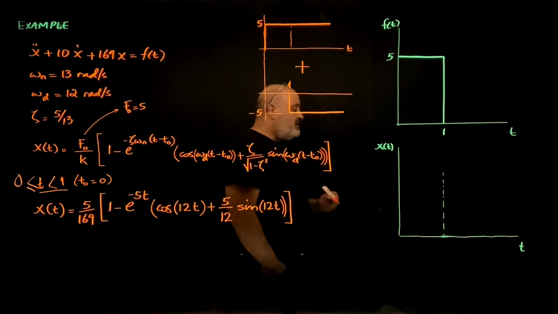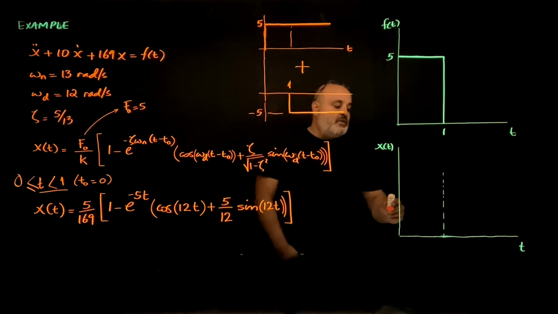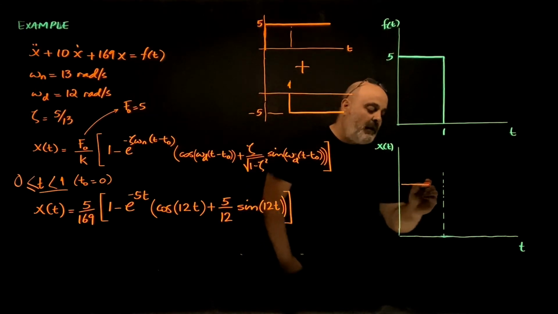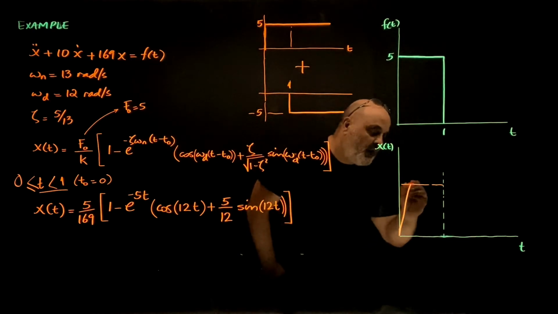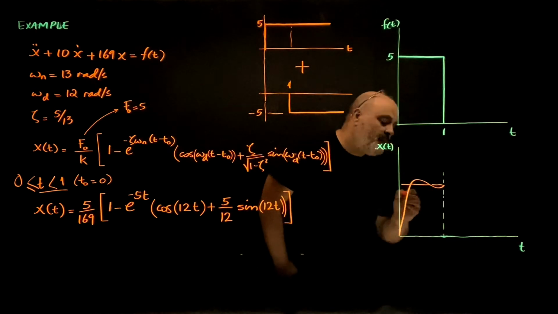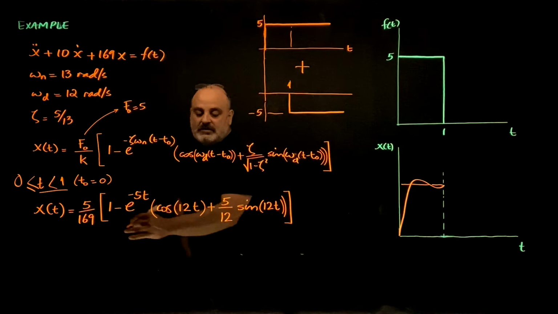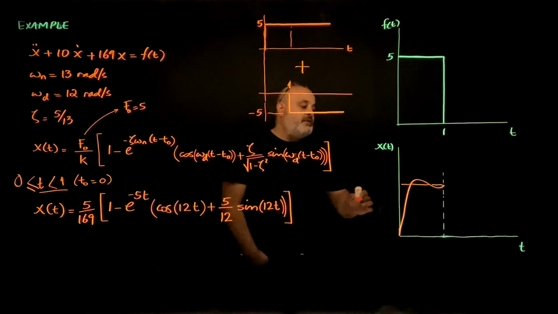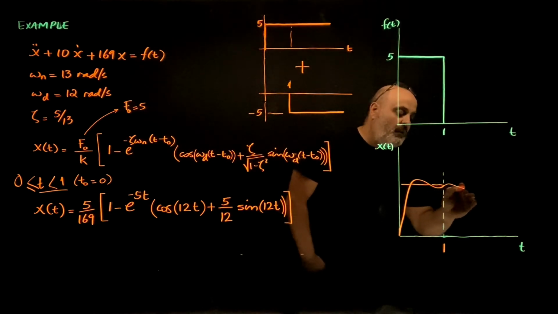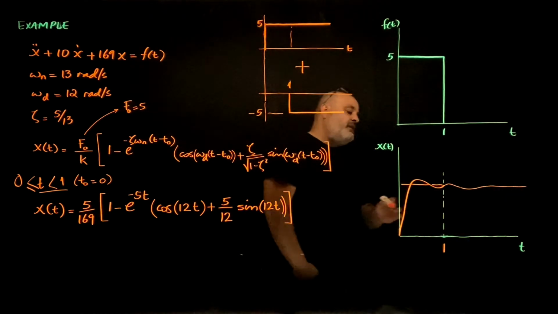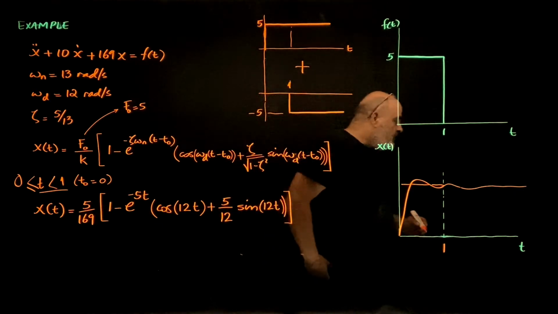So if I plot this over here, it's a damped response. It's going to look something like this. If I continue to plot this function after t equals 1 second, it'll continue until it reaches a steady state. Okay.